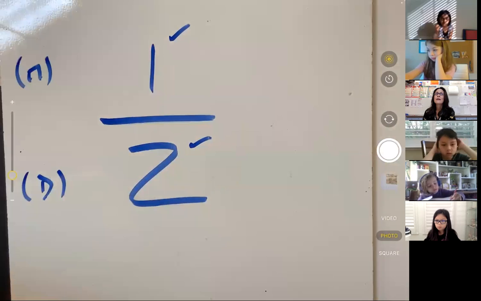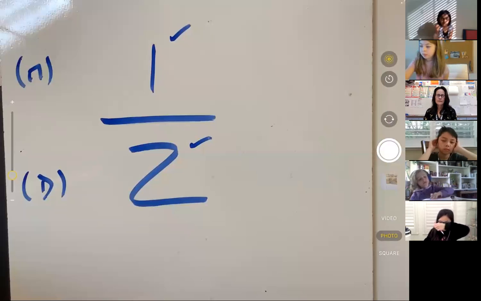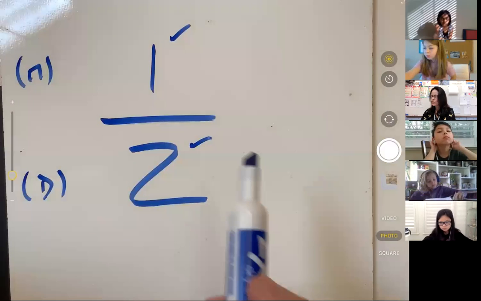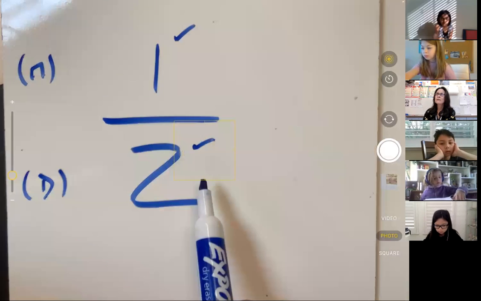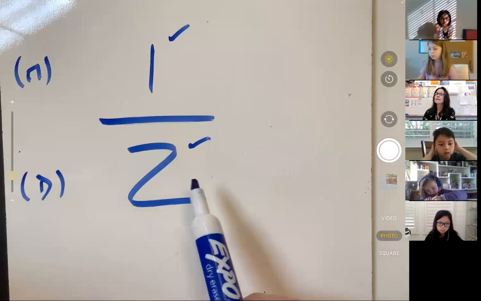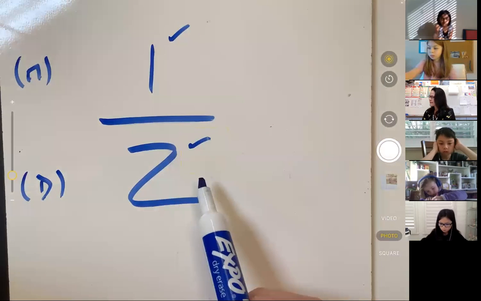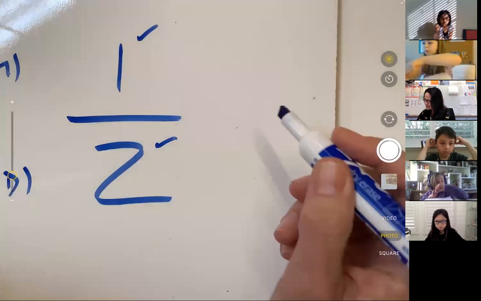All right. So what I want you to consider, for example, is when we think about 1/2 of something, it is saying that we are looking at one of two parts in a whole. One of two parts in a whole. So for example, we could consider something like this, right?